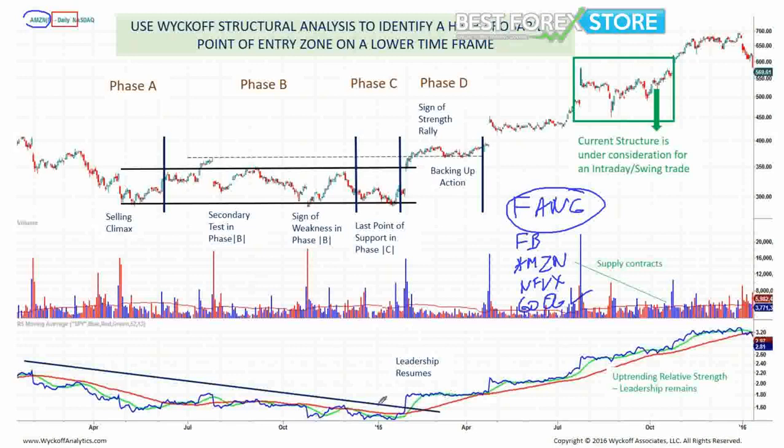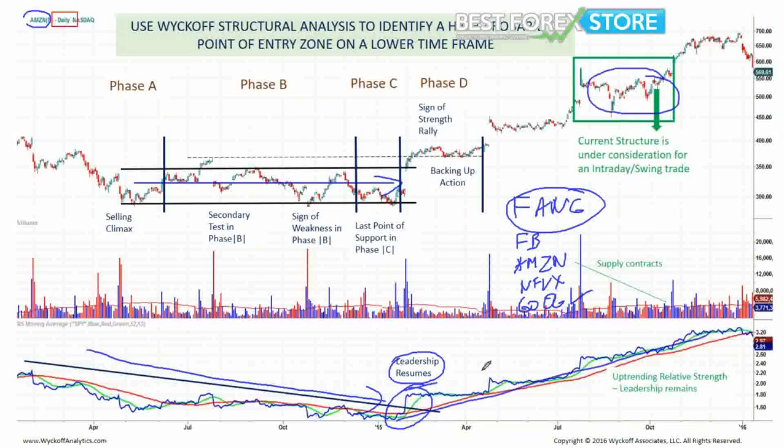And this is the leadership signature that you're going to see in this type of stocks, where during the consolidation, we have a downtrend in their leadership, but then there is a break to the upside and the leadership resumes. And during the stepping stone, you're still going to be in the long-term trend right here. But on the short-term trend, that leadership is going to fade out.